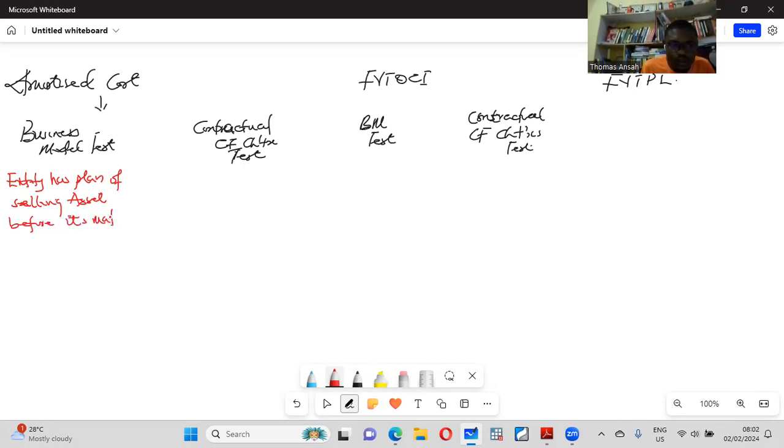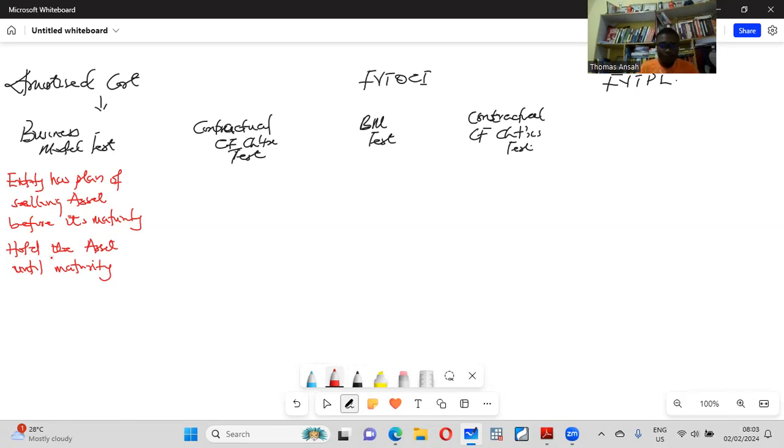They have no plans of that, and therefore they will hold the asset till maturity. It's like you buying a treasury bill and saying you want to hold it to maturity. It is then that you can say you have an asset and you are using amortized cost for that.